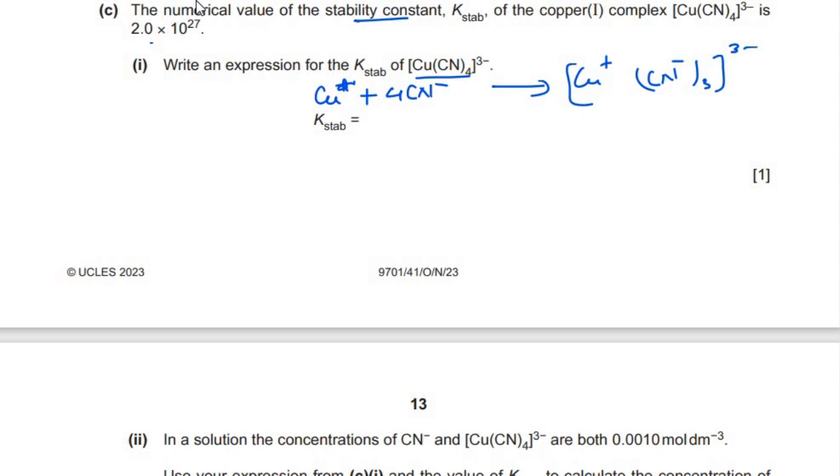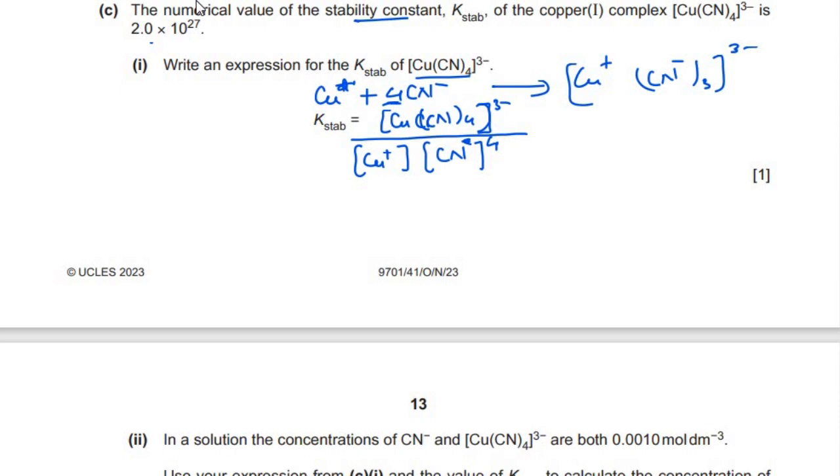So for the stability constant, we have to write products on the top. So on the top our product goes, that is [Cu(CN)4]3-. So this is the product, and in the denominator we have the reactants. So the reactants Cu+ and CN-, but as CN has a stoichiometry of 4, 4 goes in the power.